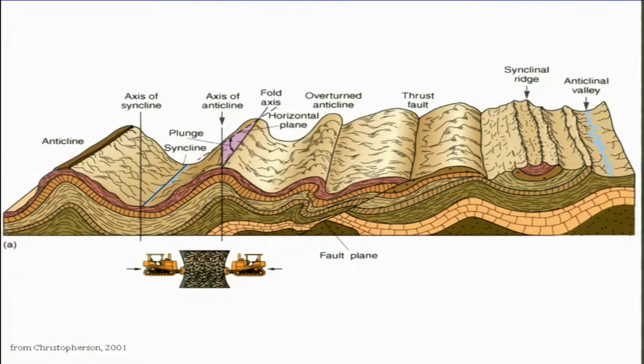So, we have the folds, and at some point we have the plane along which the deformational features will move. This is what we call faults. In general, if you look at this feature, we term it an anticline, and the associated depression is termed a syncline.